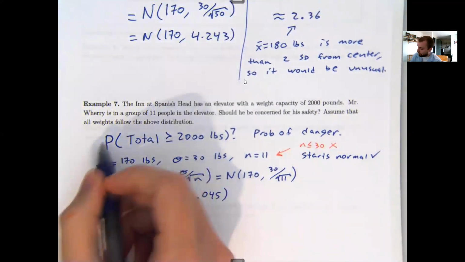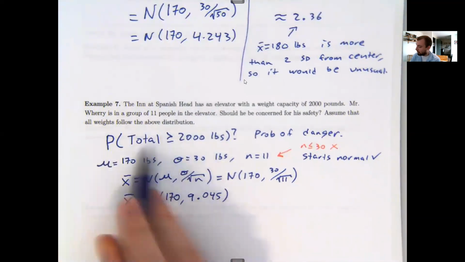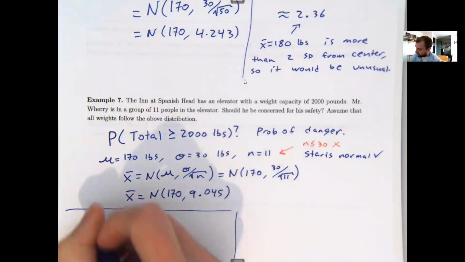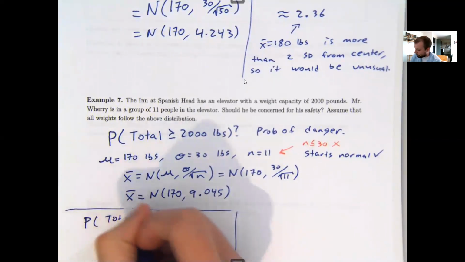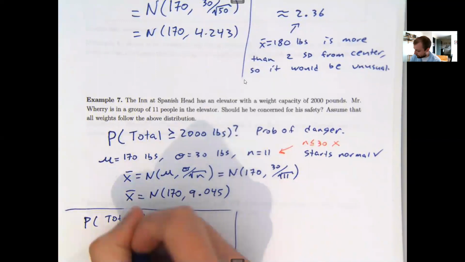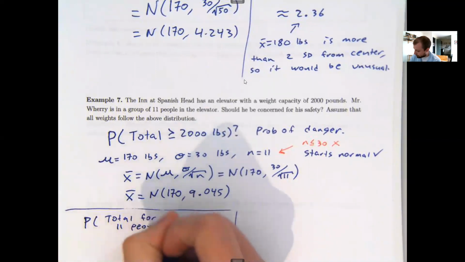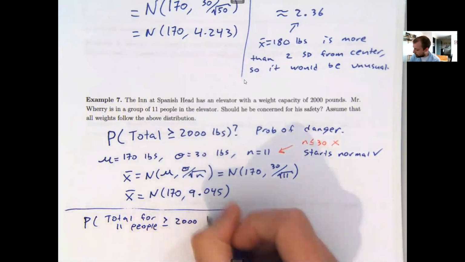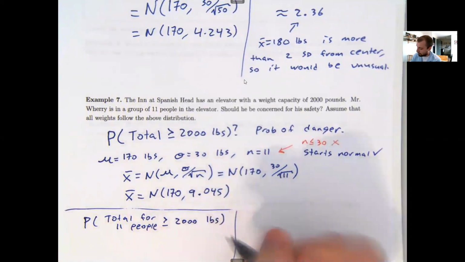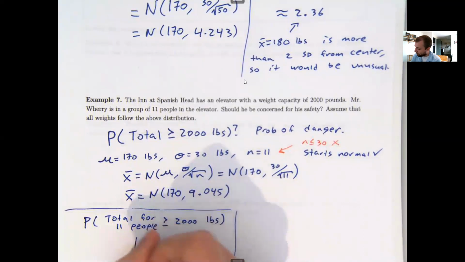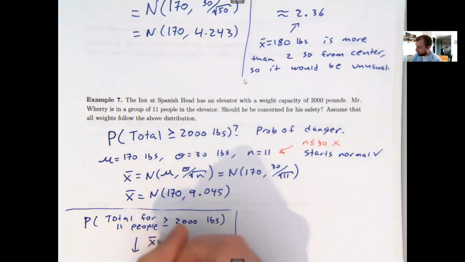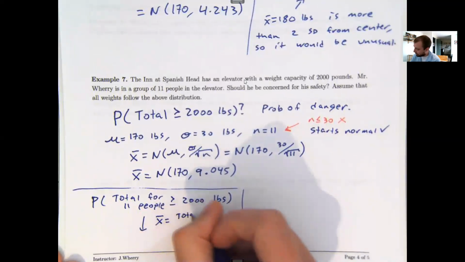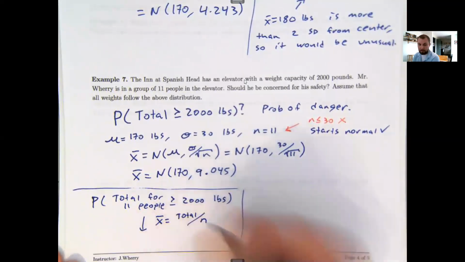And part of the issue is this is currently a statement about totals. So right now I'm looking at the probability that the total for 11 people is greater than or equal to 2,000 pounds. To change something about a total into an average, reminder, I find averages by taking those totals and dividing them by the number of values.